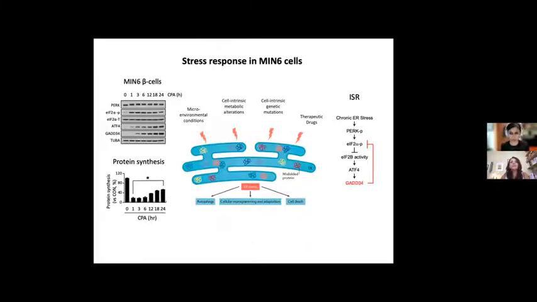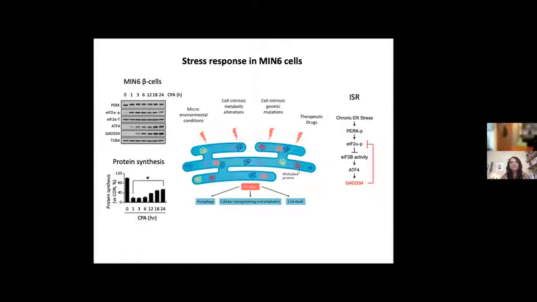It is shown here on the left that when MIN6 cells are exposed to CPA, the stress markers accumulate as expected for the integrated stress response, which is shown on the right. At the same time, protein synthesis is dramatically inhibited at 1 hour and returns partially over the time of adaptation to chronic ER stress.